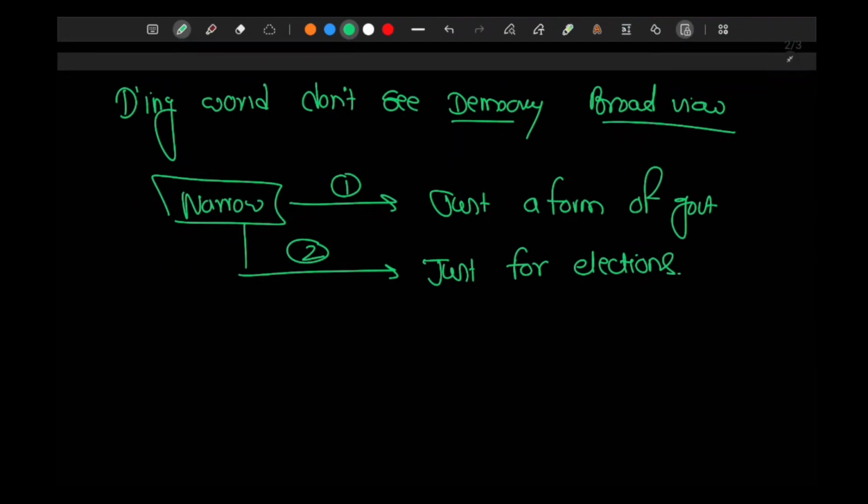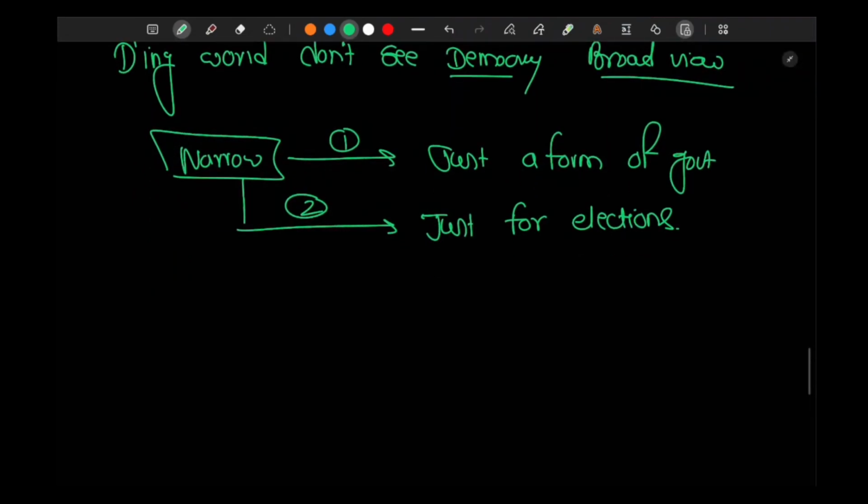Beyond elections, there is no democracy in Pakistan, Bangladesh, Nepal, and even in African countries. Only in elections is there democracy. After elections there is no democracy, as there are substantive elements of democracy like human dignity and autonomy of self.